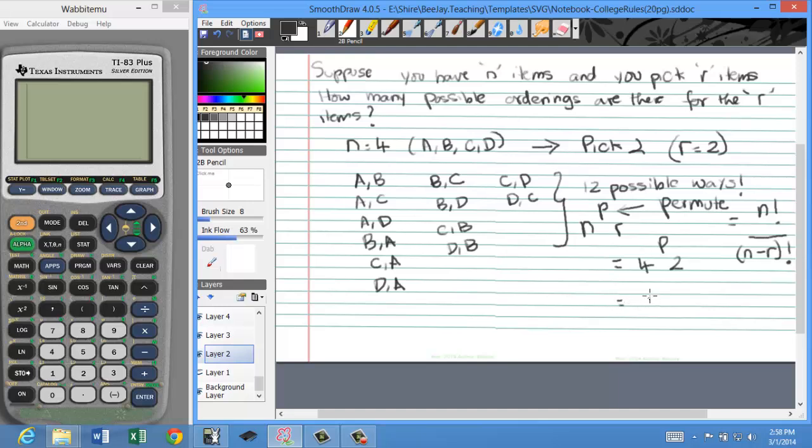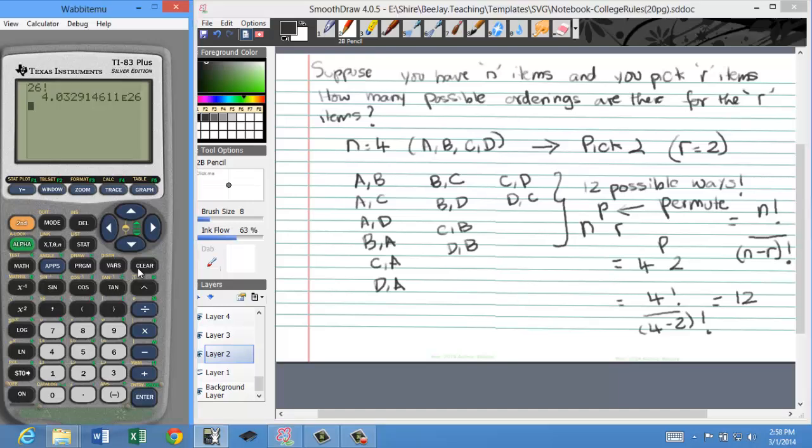So 4P2 is just 4 factorial over 4 minus 2 factorial, which would just give me an answer of 12 if you plugged it in the calculator. If you look on the left hand side, I could do the same thing using a calculator. I'd have 4, math, over to PRB, factorial divided by 4 minus 2, math, over to PRB, factorial, and the answer is 12.